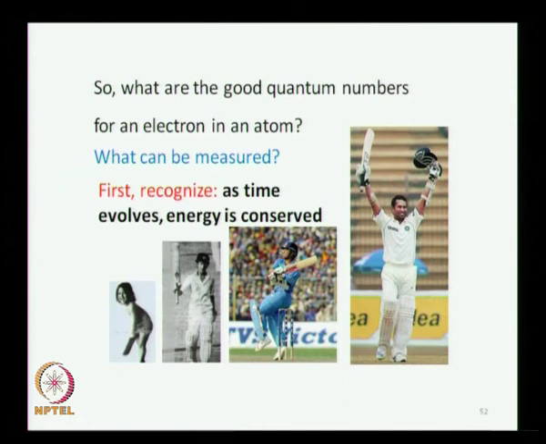Energy gives you one quantum number, the energy label, which comes from the eigenvalue of the Hamiltonian, but then you also get the eigenvalues of J square and Jz. So, n, l and m. These are the 3 quantum numbers that we have for the hydrogen atom.